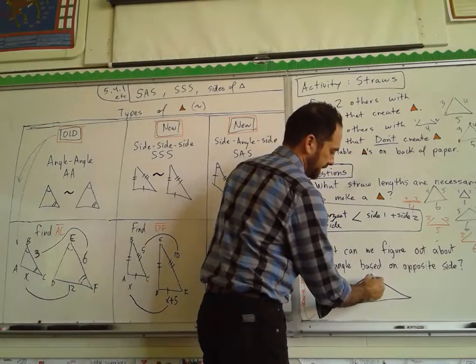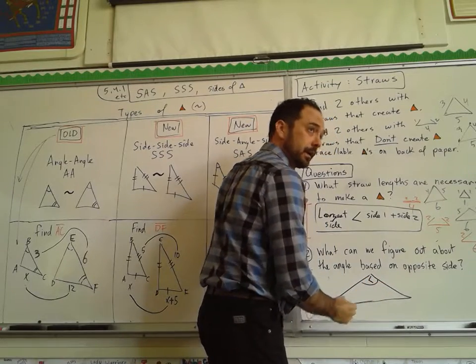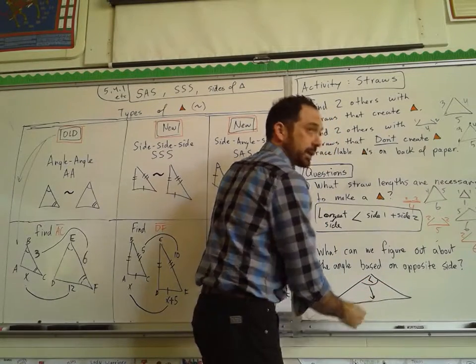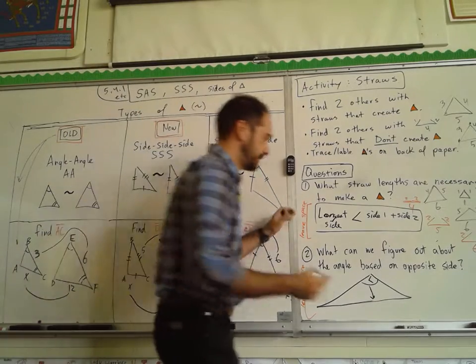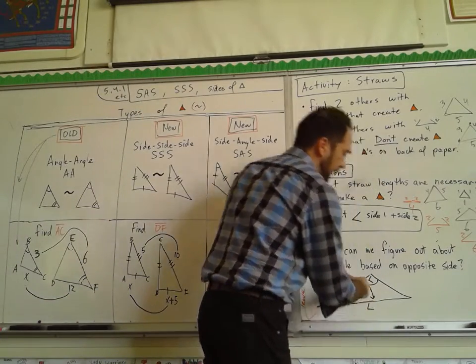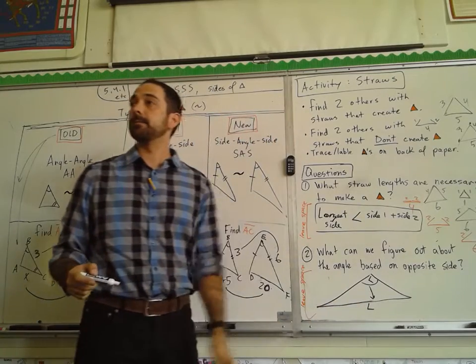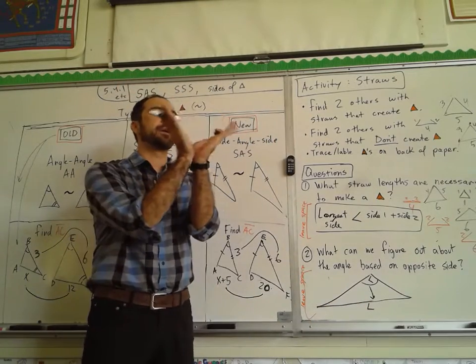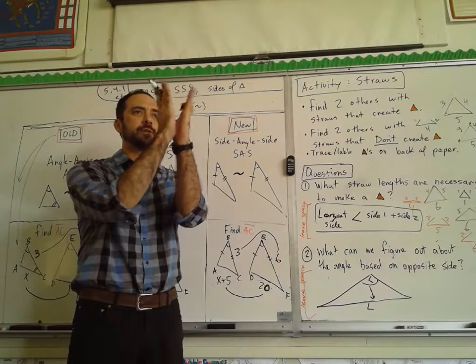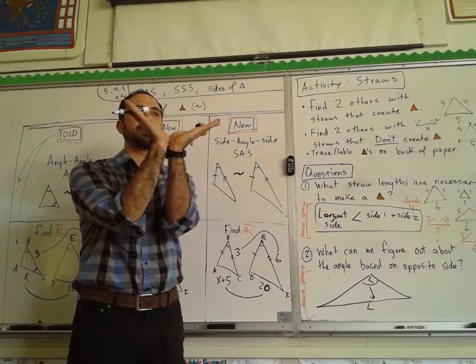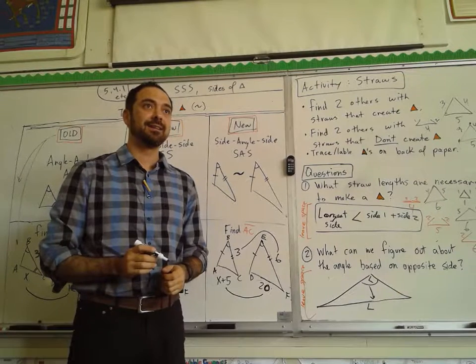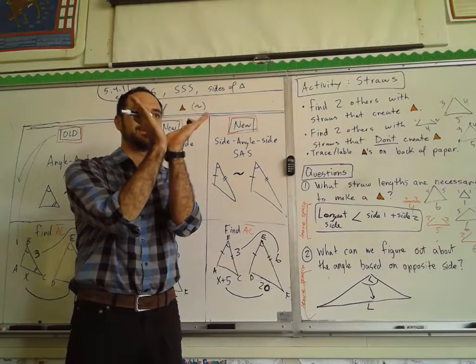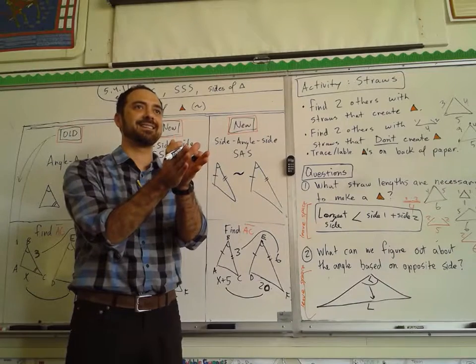This is the largest angle, right? Across from the largest angle is what kind of side? How can we classify this? The longest side. So across from the largest angle is the longest side. Okay. Think about it. If you open up two rays like this, you get more space between my fingertips when we have a bigger angle. Right? We open the angle. Now you get it? Okay.